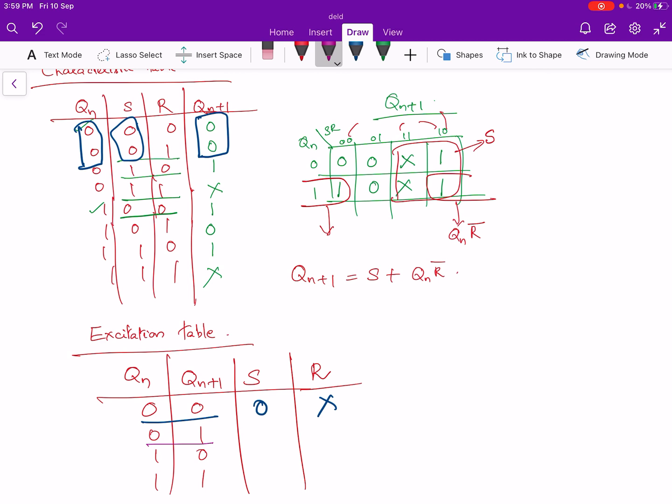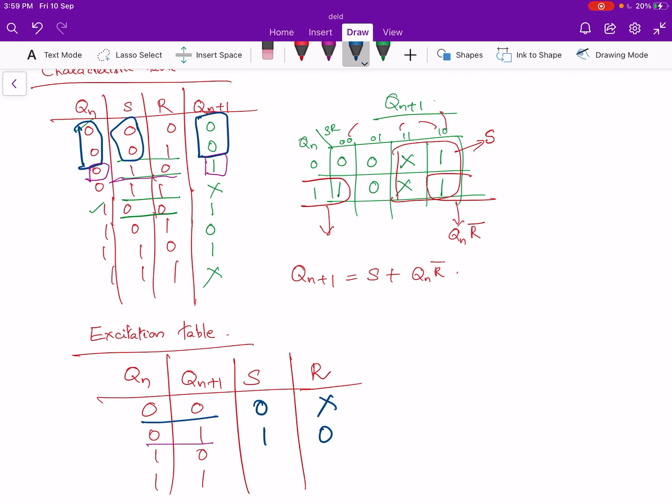Only one state is there, from 0 to 1. Correspondingly S is 1 and R is 0.